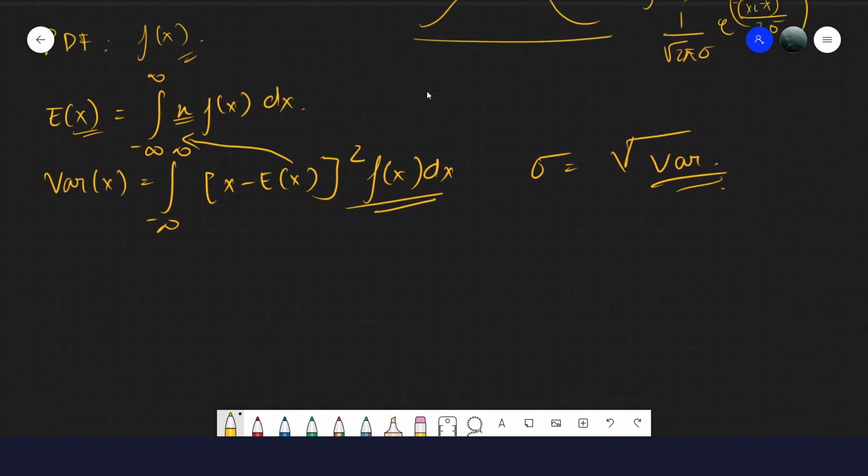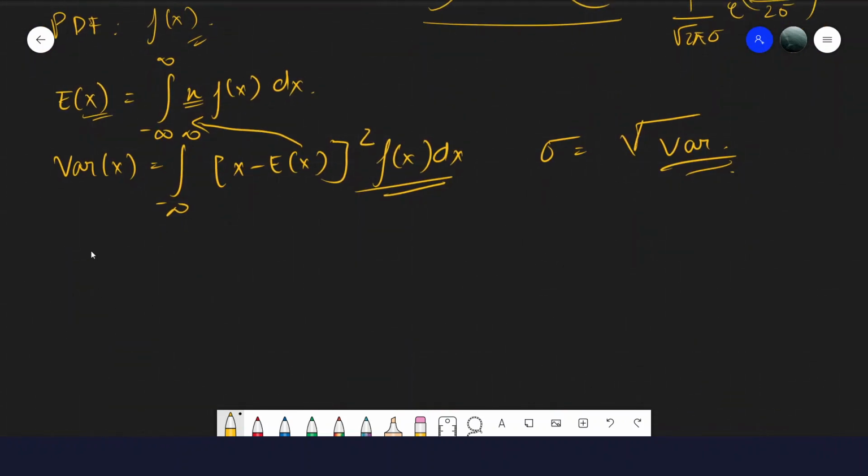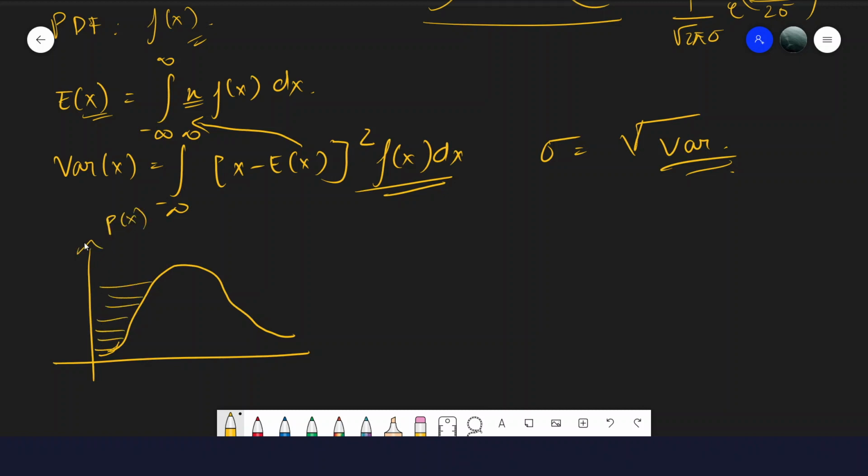Now I just want to explain very quickly what the cumulative distribution function is. If you have a probability mass function, we know from the laws of probability that if you take all the probability values on the y-axis and add them, they will all add up to 1, correct?